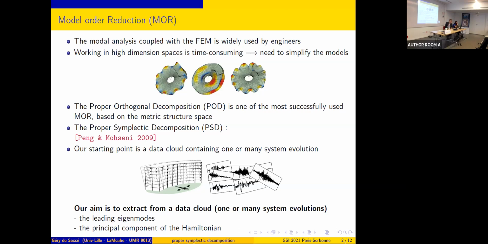And our approach is a little bit different from the one proposed by Peng and Mohseni. Our aim is to extract from a data cloud of one or many system evolutions the leading eigenmodes and the principal component of the Hamiltonian.